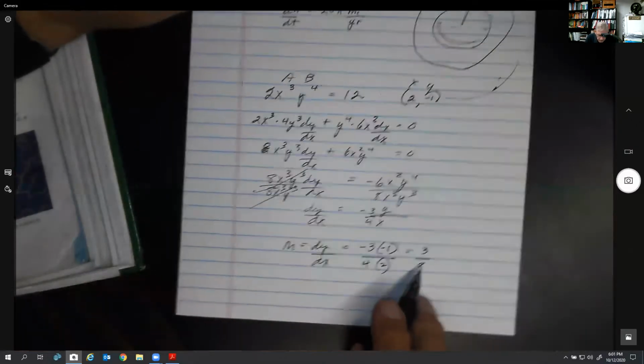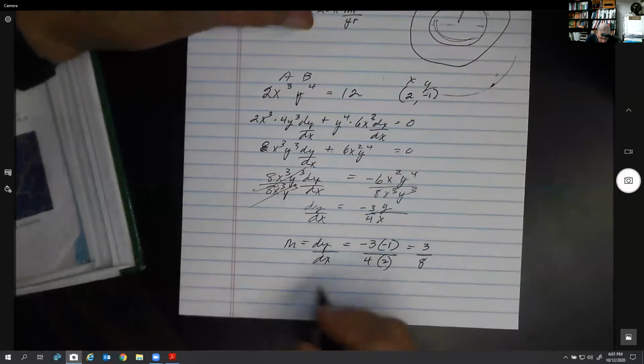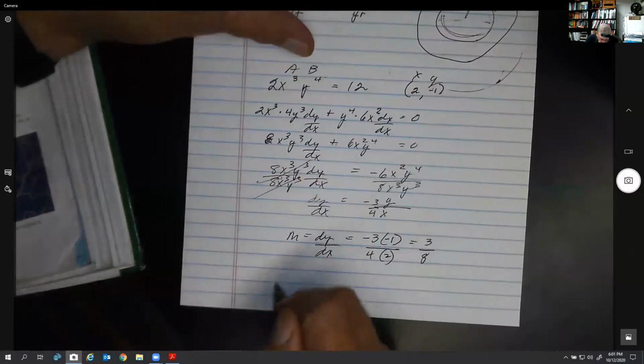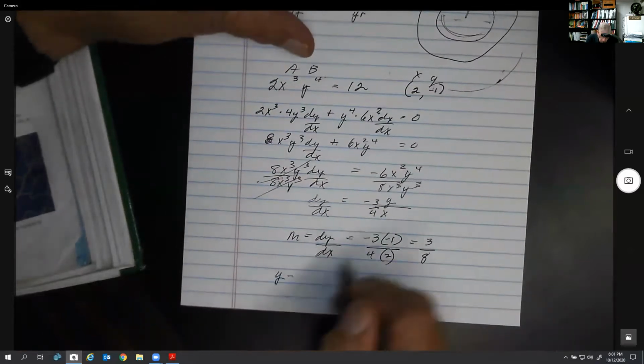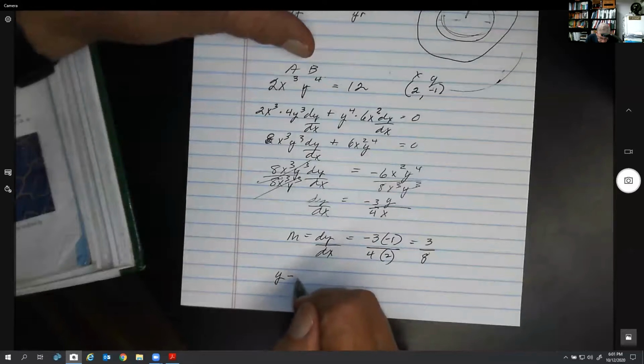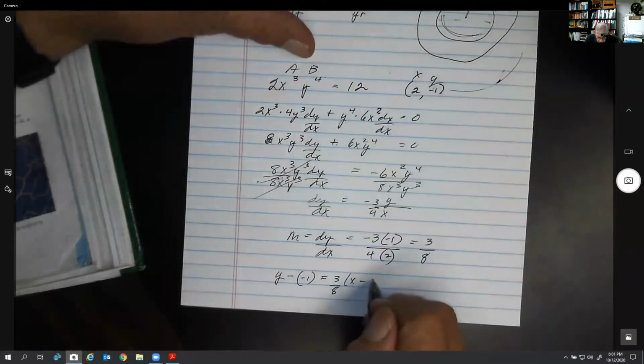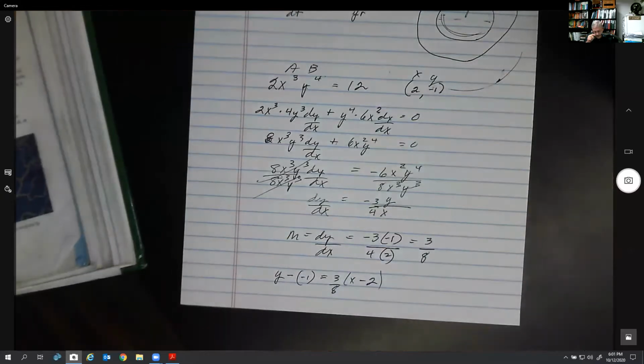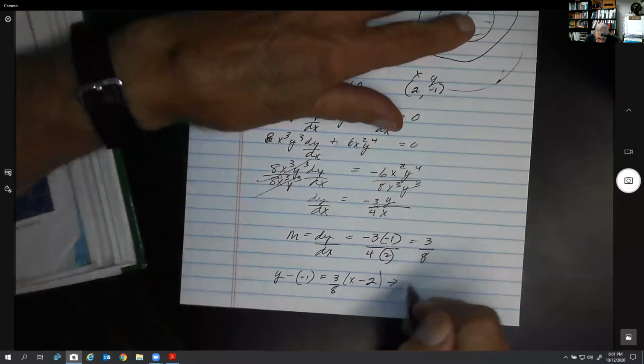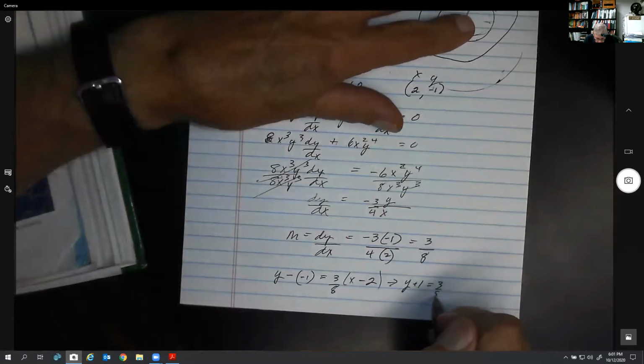Now, what if I wanted to find my tangent line? If I want to get real fancy, it would be y minus y sub 1, which would be y minus negative 1, equals m, 3/8, times x minus x sub 1, 2. And I could just simplify that down and get 3/8 x minus 6/8.